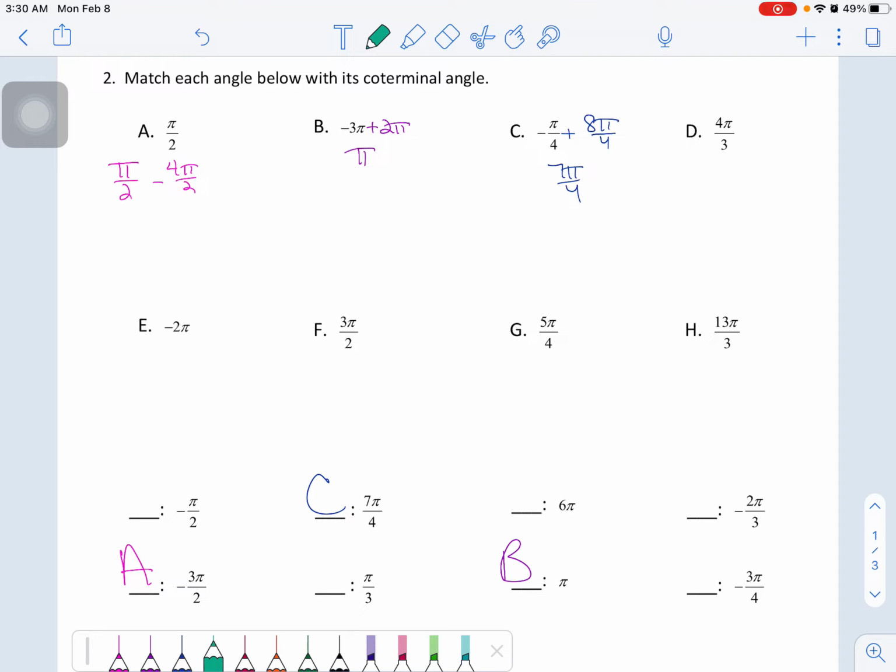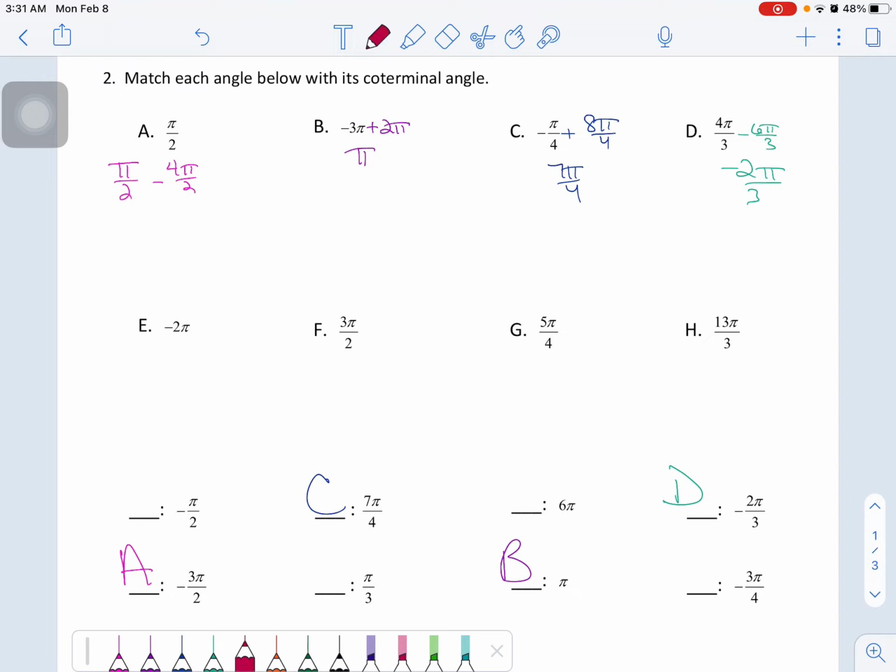There's C. 4 pi over 3, let's go ahead, if we add 6 pi over 3, how about 10 pi over 3, is that an option? Nope. How about I subtract it then? So that would give me negative 2 pi over 3. There we go. There's part D. So I kind of alternated top and bottom rows here.